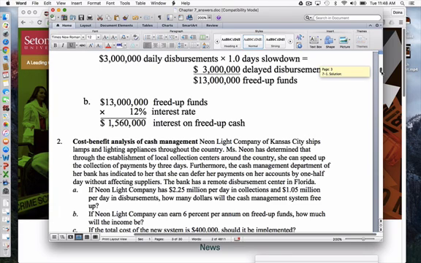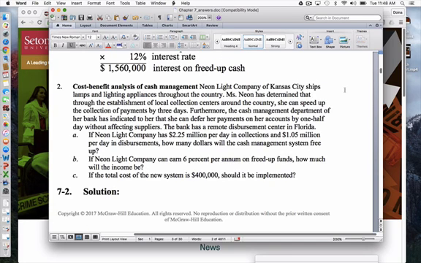Let's do another one. Similar, but it takes it one step further on doing the cost-benefit analysis with a decision of implementing the collection centers or not. This business has lighting appliances, and they also have local collection centers to speed up collections.